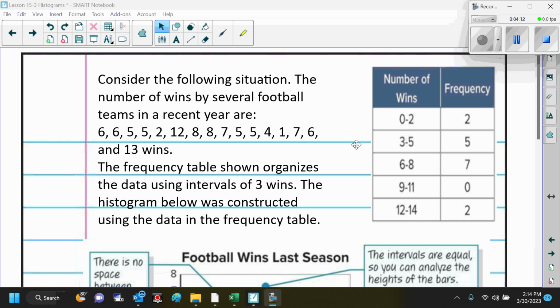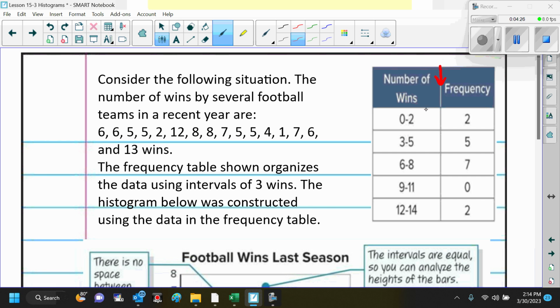So here, when we're making this, the first thing we're going to do is make a frequency table. Now, I know in this chart it only shows you 2 columns, but you're actually going to have a middle column in here that has tallies, okay? So here, the lowest value is 1, the highest value is 13, okay? So here, they even told you they're organizing these in intervals of 3 wins.